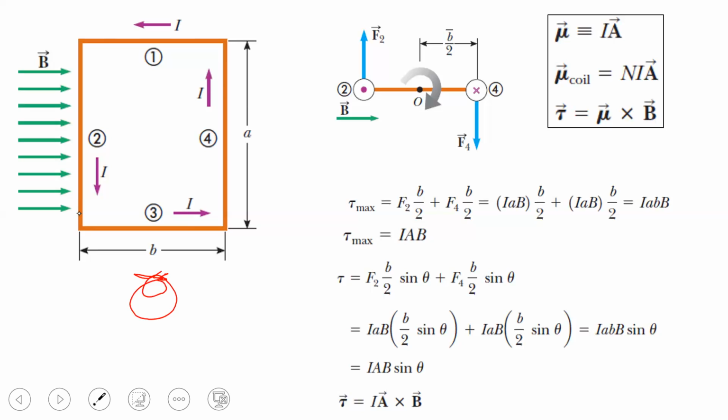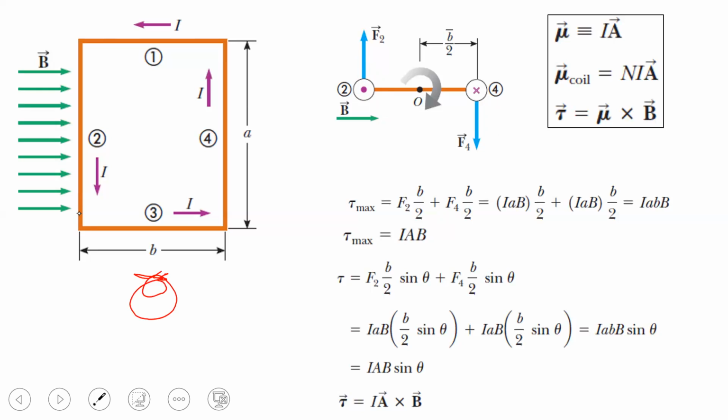The center of that rectangle is the axis where it goes around, then b divided by 2 should be the distance from the middle of that rectangle to the edge. So at this point, F2 is acting upwards at point 2. F4 is acting downwards on point 4.